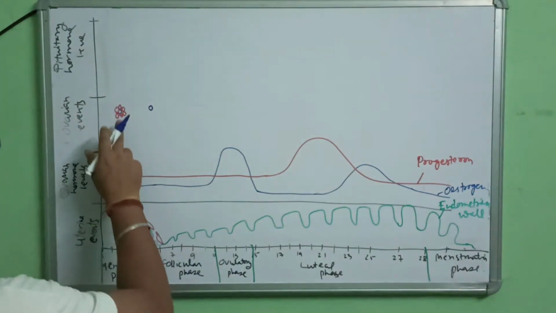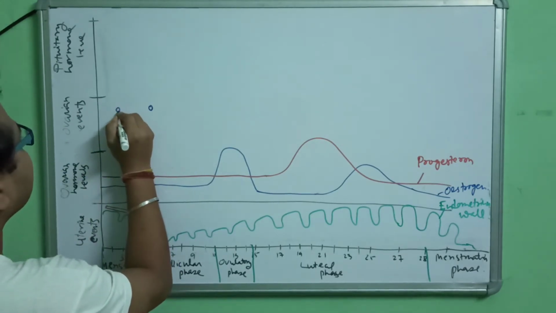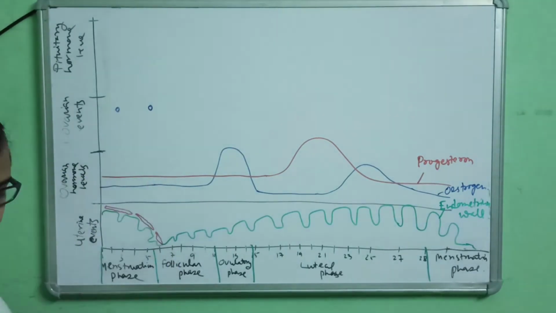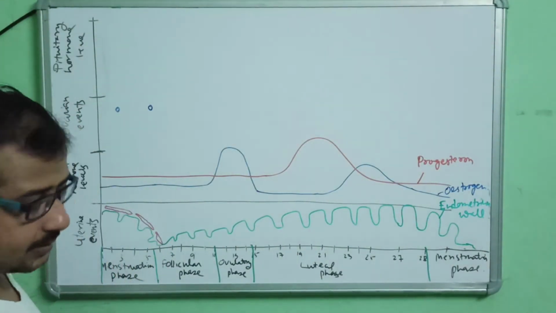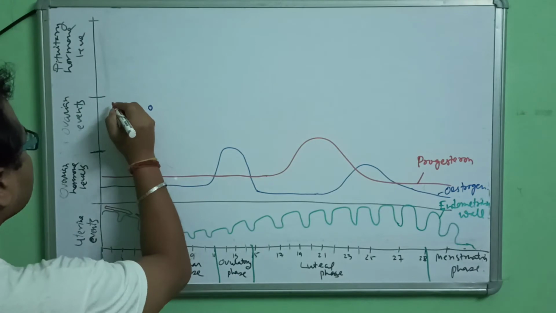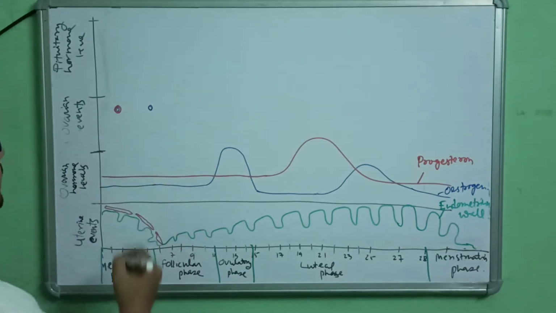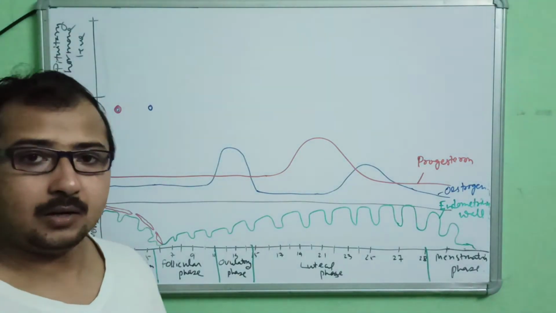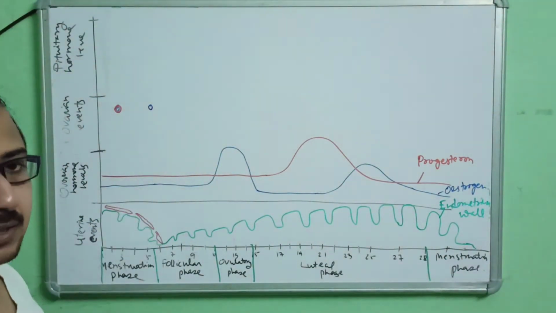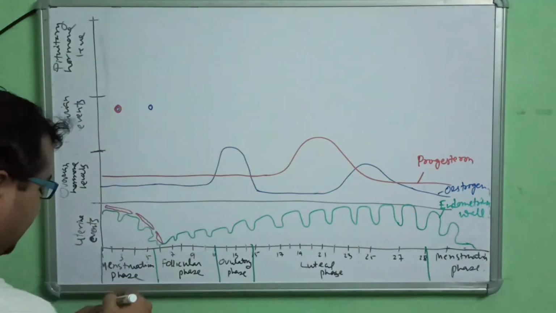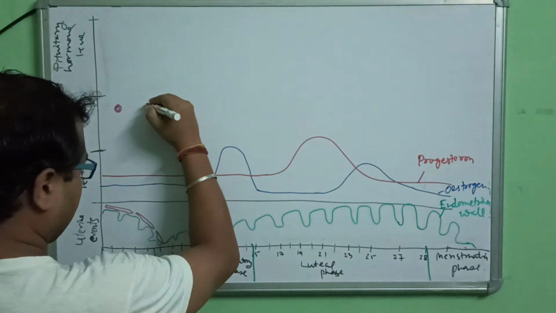Okay, so let's draw it in a different way so that we can identify it separately. This is the secondary oocyte or the egg cell, around which we see the zona pellucida layering. Now this is the primary oocyte. We see here around which the primary follicle develops.